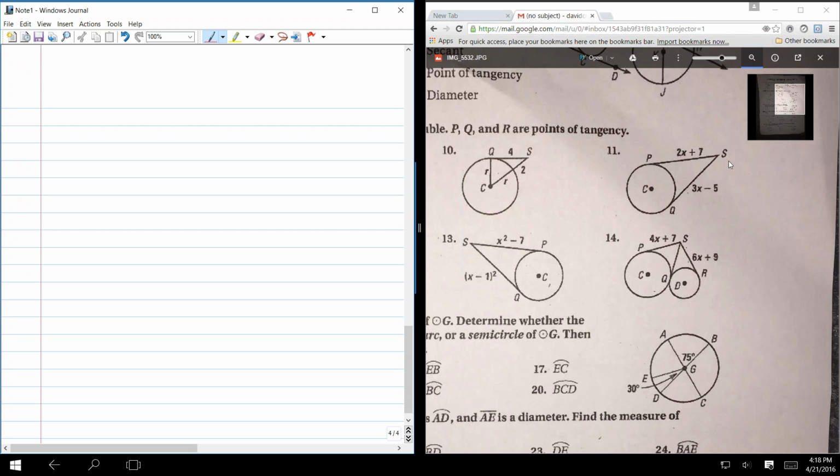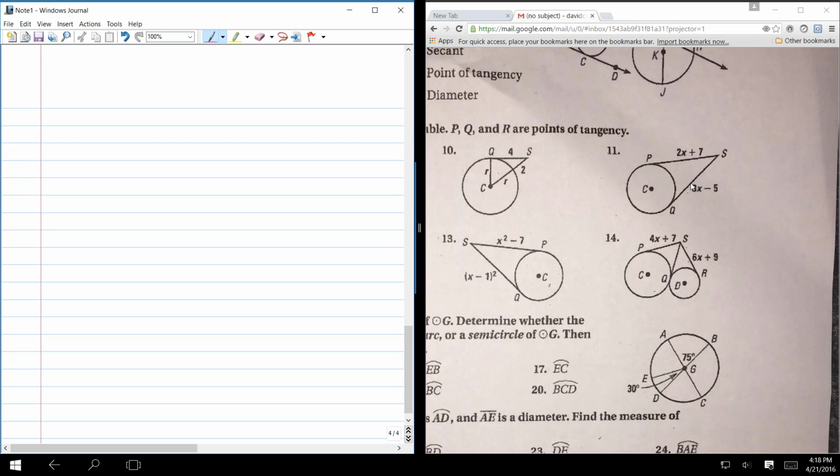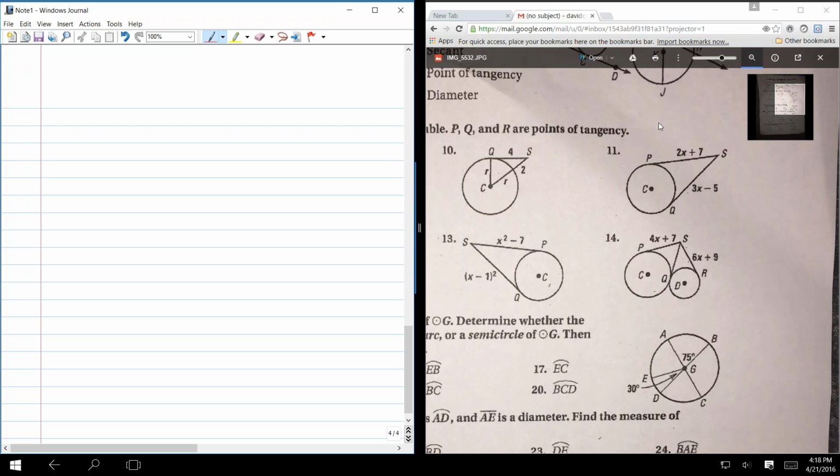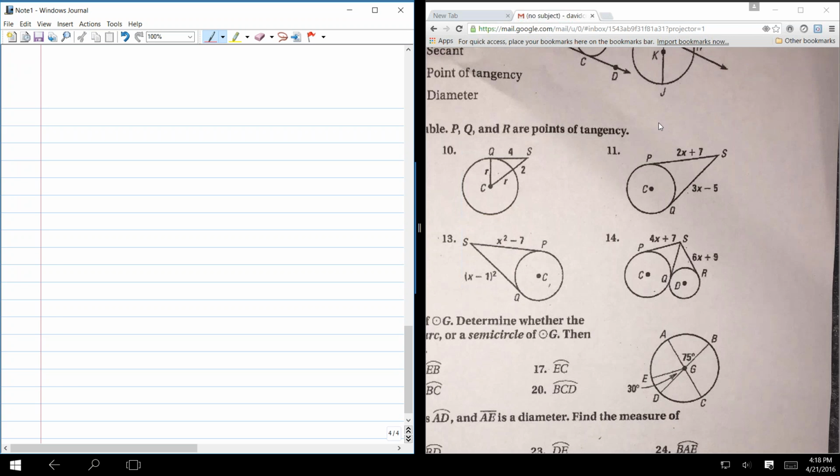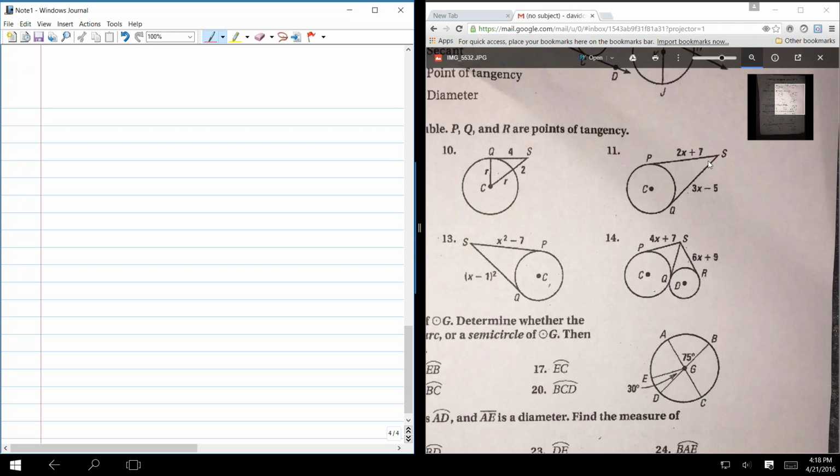So the line PS, compared to the line SQ, what do those look like? Are they equal? Do they look equal? Yes. Well, that's a good guess. They are. Whenever you have two tangents that intersect outside the circle, and they're both tangent to the same circle, they're always equal.